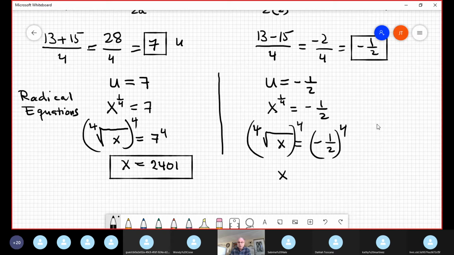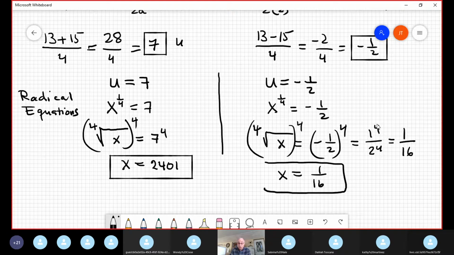My second potential solution is x equals -1/2 raised to the 4th power. Well, you know, when you raise to an even exponent, the answer is always positive, right? So 1 to the 4th power and 2 to the 4th power. 1 to any power is always 1, and 2 to the 4th power is 2 times 2 times 2 times 2, which gets 16. And this is my second potential solution.